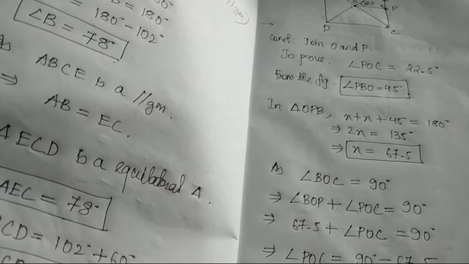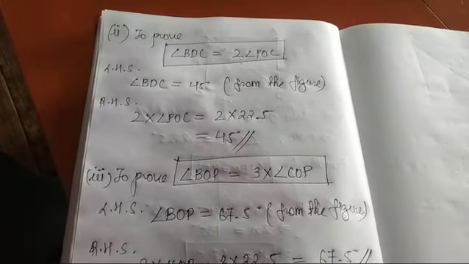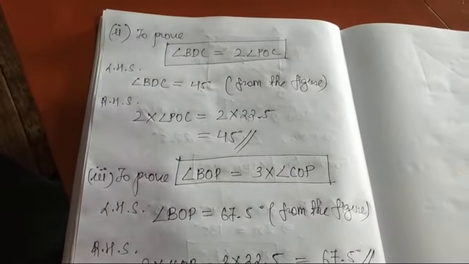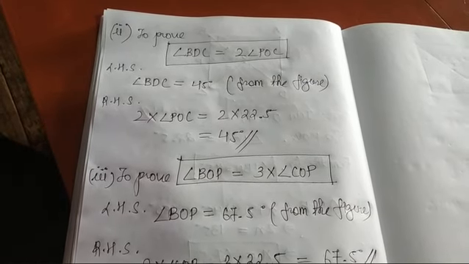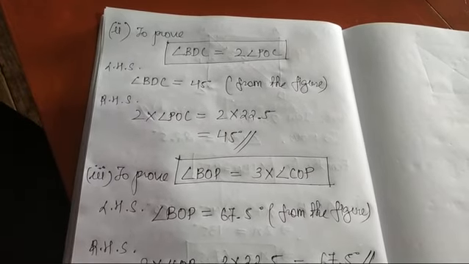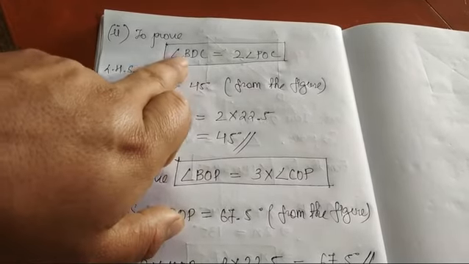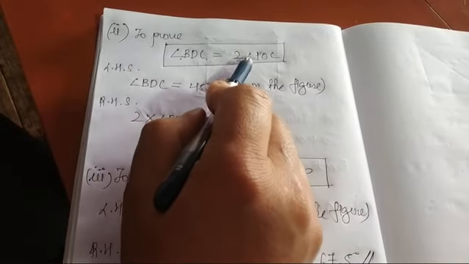This is number 1. Okay, I'm pausing for a while. In this type of question, the understanding of the question and the figure is very, very important. So please do understand the figure, and then it becomes very easy for you to solve it. Number 2, you have to prove angle BDC is equal to twice angle POC.